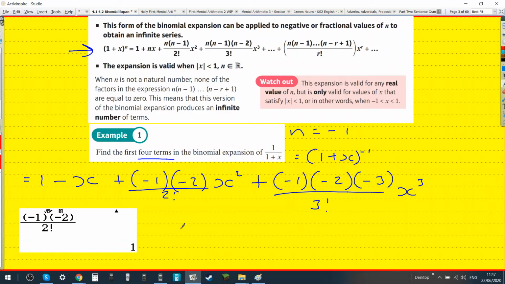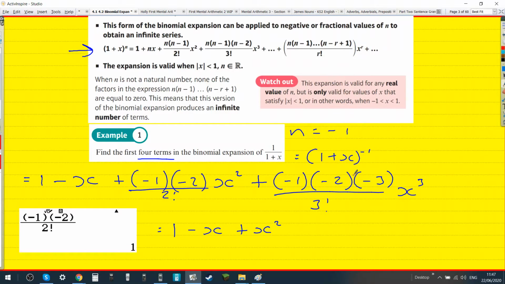And then how about the x cubed? So they've given us some sort of R value here. No, where are you seeing R? Oh, no, that's just the final term or something. Don't worry about that.